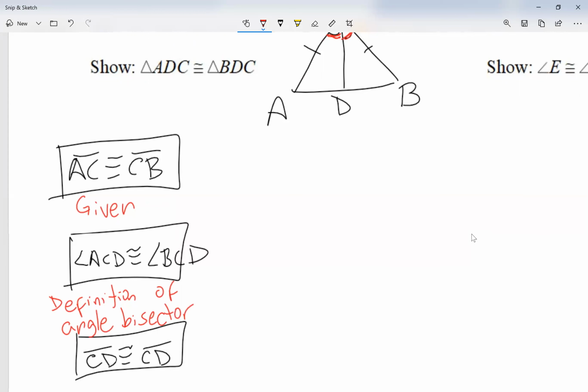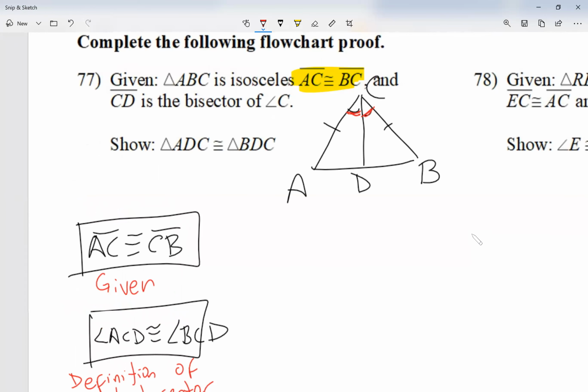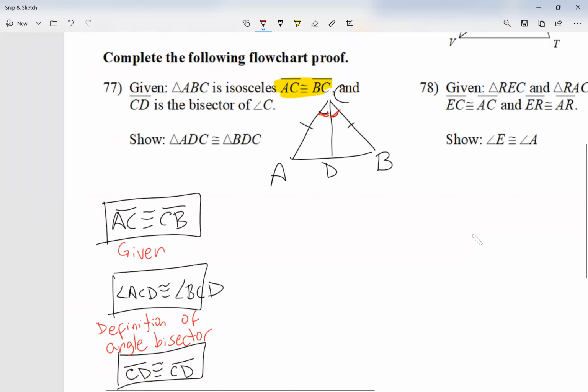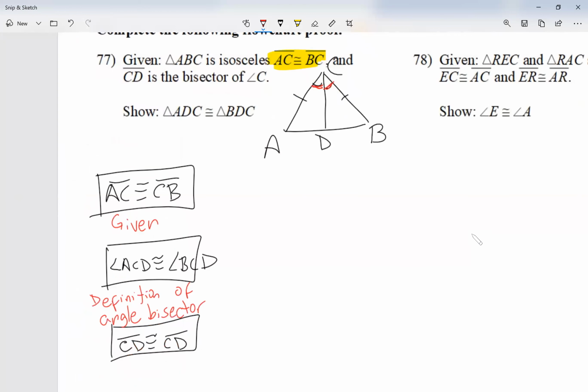When I say a rule, like CD is the bisector of angle C, so the bisector of an angle, when I use a definition of what the rule means, the reason why I use the definition, I'm going to call it definition of angle bisector.